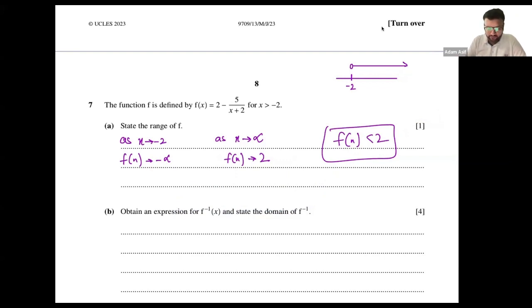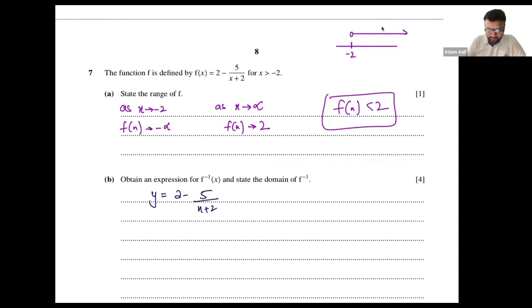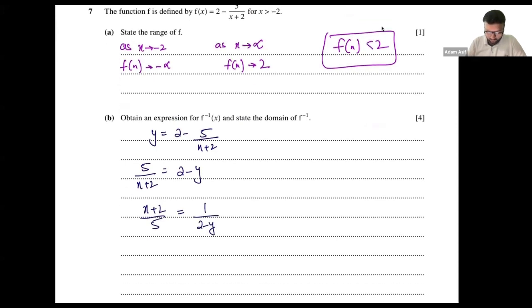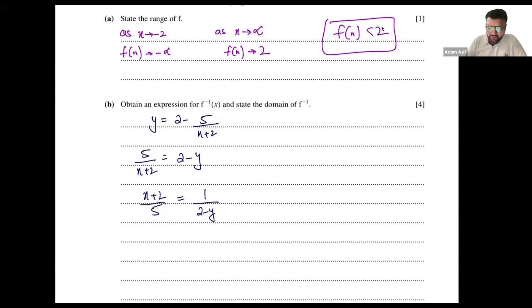To obtain an expression for f inverse, we are going to replace f of x with y and make x the subject. In any order you want to do.